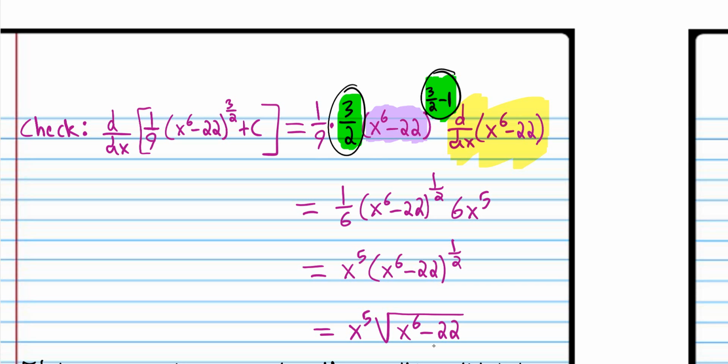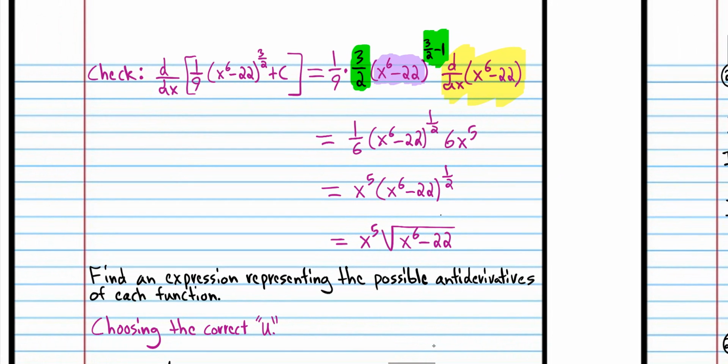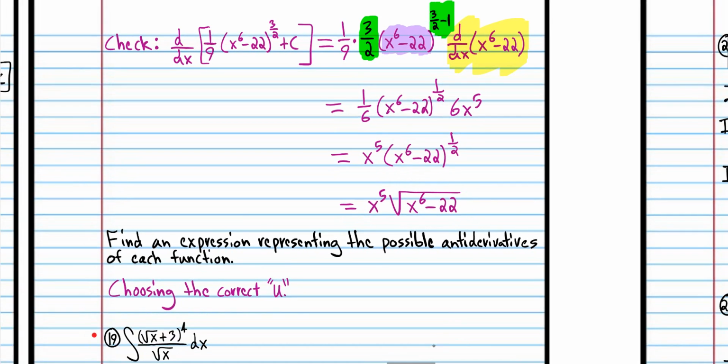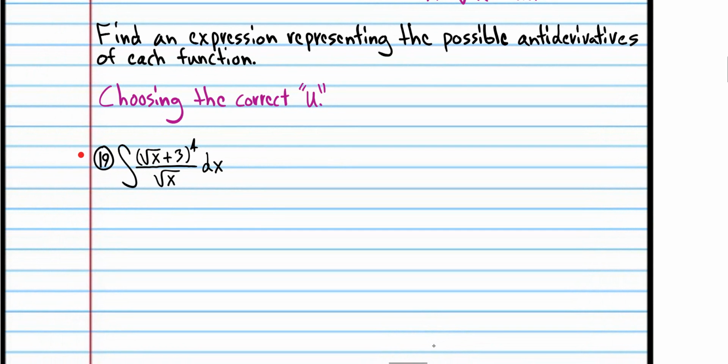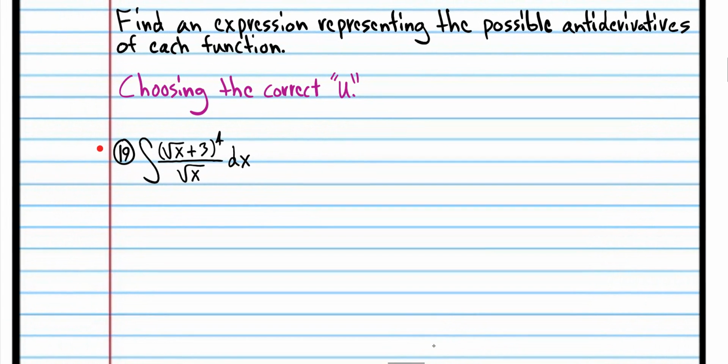We're going to keep the inside function, that's the purple. And then we're going to multiply by the derivative of the inside function, which is this. And if you simplify all that, you get to the original expression. So is this an involved process? Yes, very involved. But the only way to help yourself to learn this is to do more practice problems.